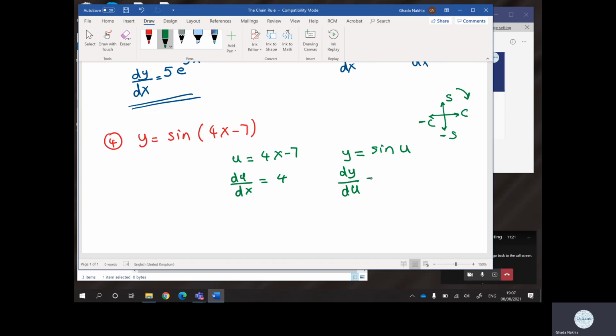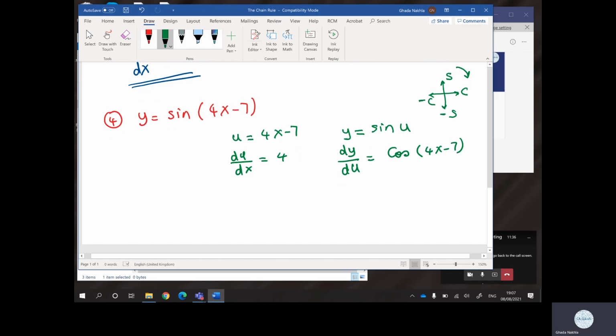So I've got sine u, sine differentiates to cos u. So cos u. And u is what? u is 4x minus 7. So let's go back to my question.